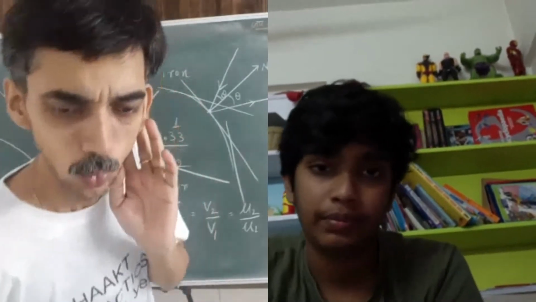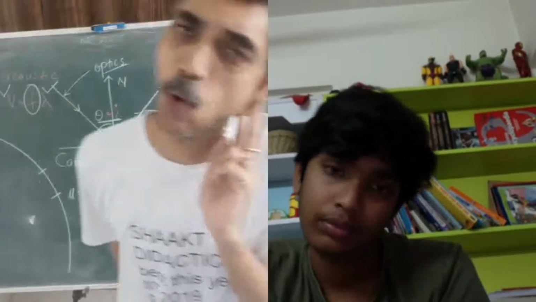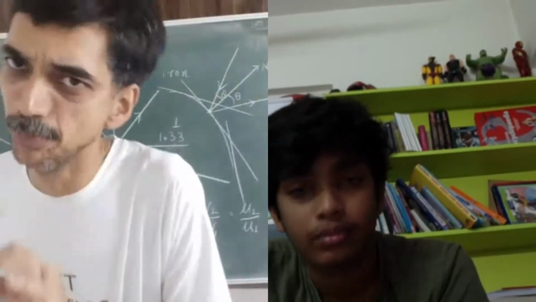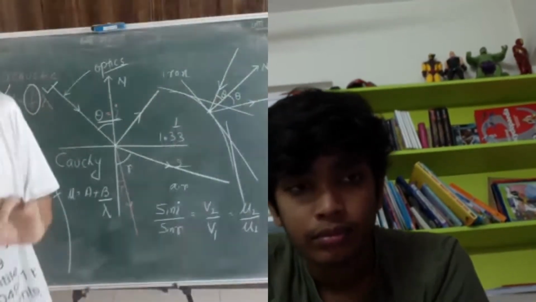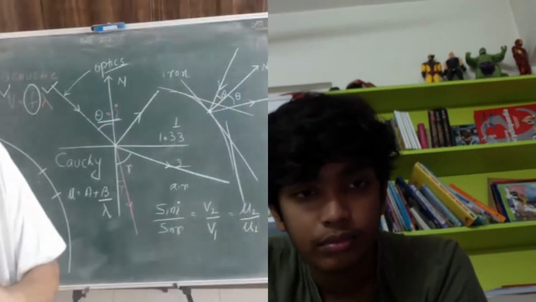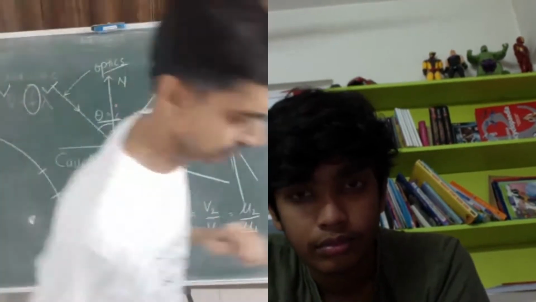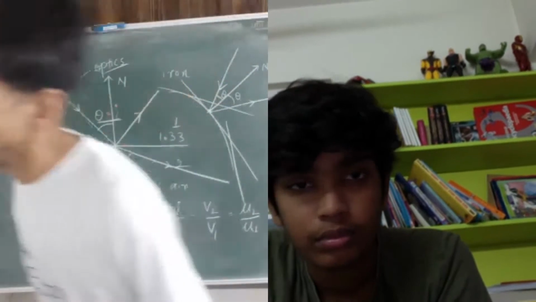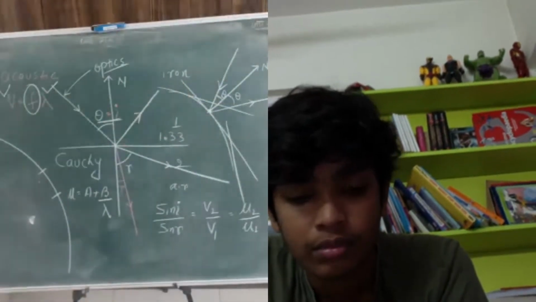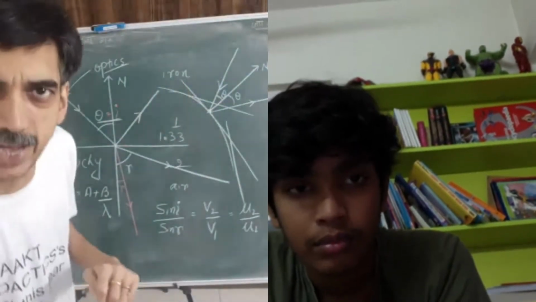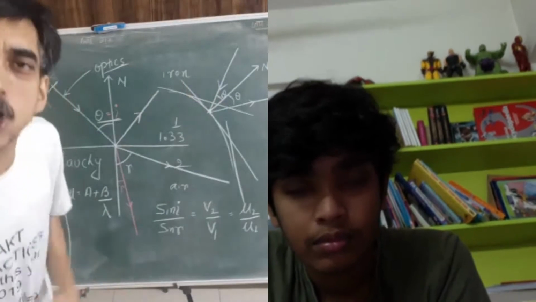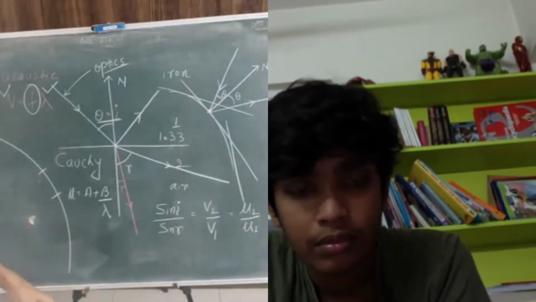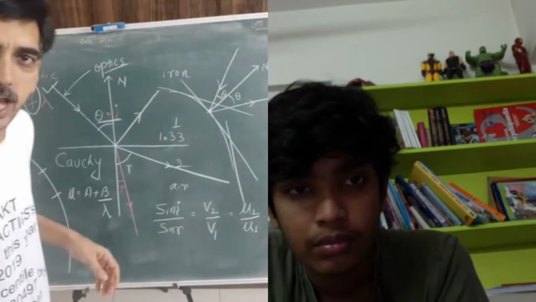Clear? Will this be the mu if you change red light to orange? No, sir. Will the mu of glass read the same if you change the wavelength of the experimental wave?